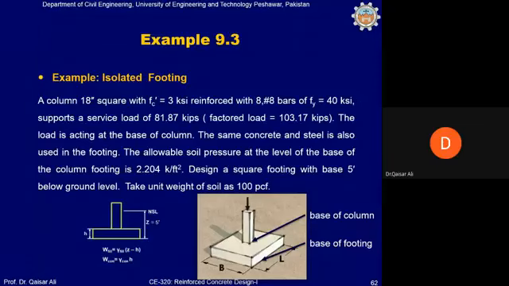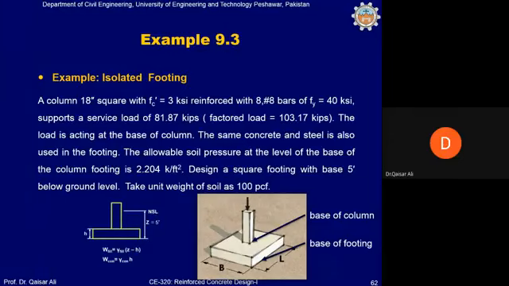The column size will be used because in the calculation of b_0 we will use this column size, since b_0 is equal to 4 into (c + d). The f'c of 3 ksi, which is the column concrete strength, will not be used. The 8 bars in the column will not be used. fy equal to 40 ksi, again, will not be used.